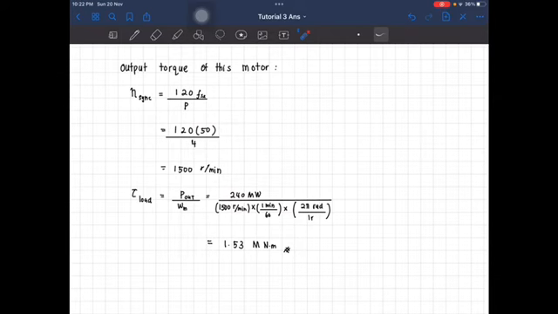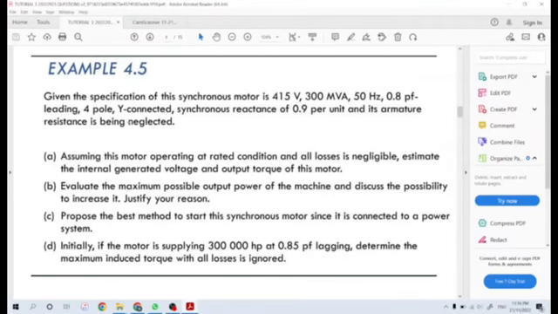So to find output torque, T load equal to P out over ωm equal to 240 megawatt over 1500 rpm times 1 over 60 times 2 pi radian over 1 revolution equal to 1.53 meganewton meter.